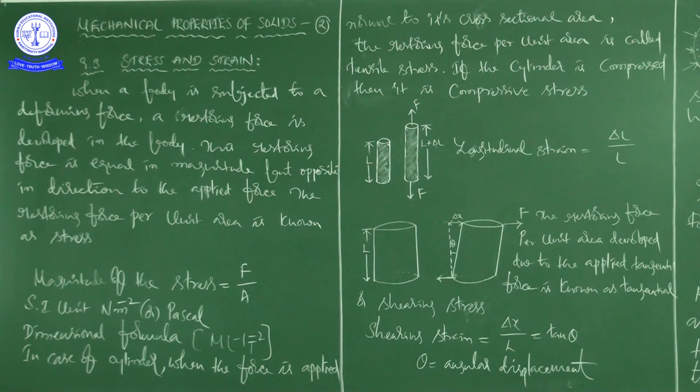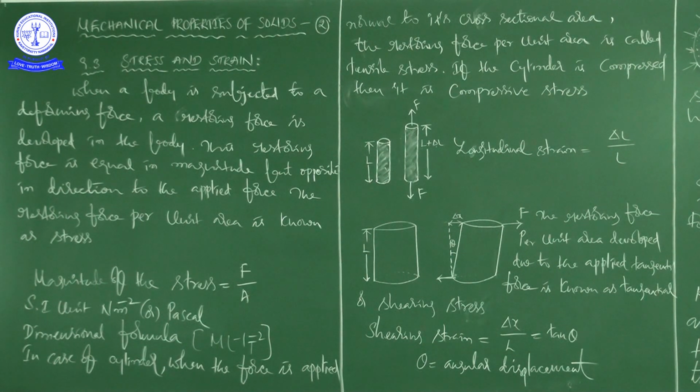So the quantity of deformation depends upon the nature of the material also, not only on the magnitude of the applied force, which you can also call the deforming force. Sometimes this deformation may not be noticeable visually in many materials, but it is there.